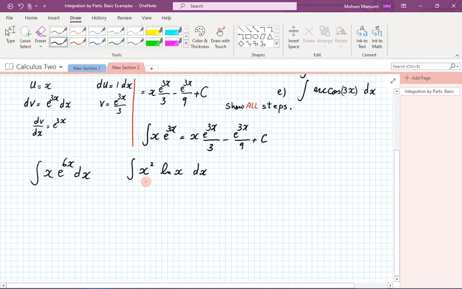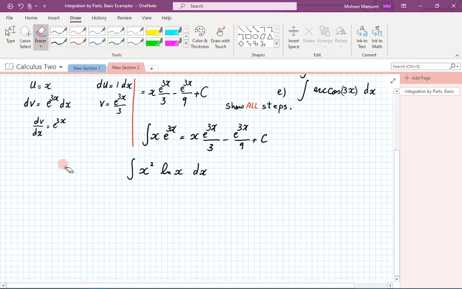Well, again the question is up. Should I take u to be, say, x squared and dv to be this? Or should I take u to be, say, logarithm of x and dv will be whatever is left? So we have some options.